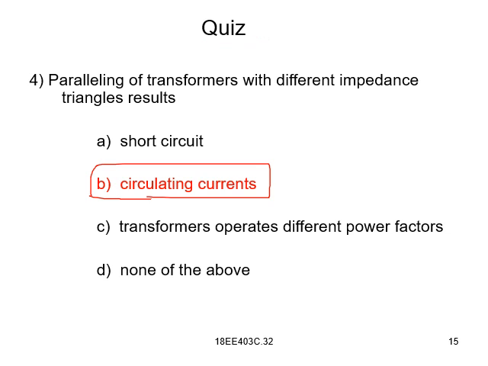Okay, fine. The answer is circulating currents. Paralleling of transformers with different impedance triangles results in circulating currents.